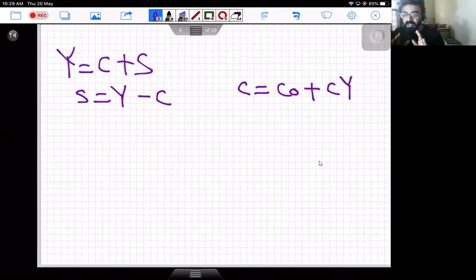Then we will see what the sum of the values of MPC and MPS is, and that is equal to 1, and you will see the proof of this.